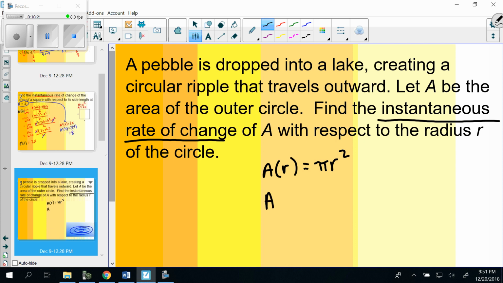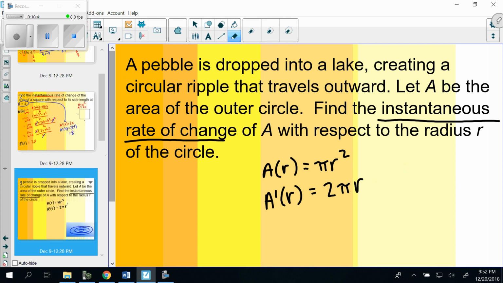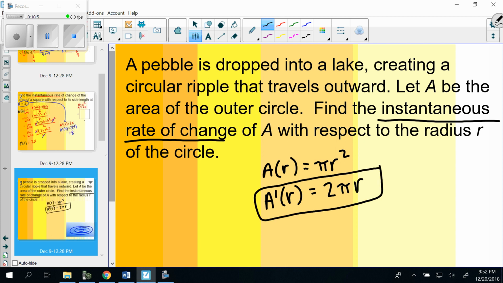So the derivative, or instantaneous rate of change of the area with respect to the radius, would be, using our power rule, bring down the 2. r is now going to have a new power of 1, and we don't necessarily need to write that 1. So that would be the instantaneous rate of change formula for a circle.